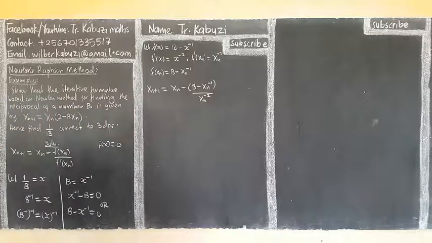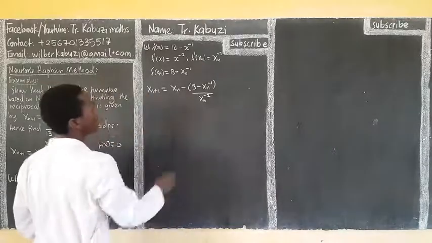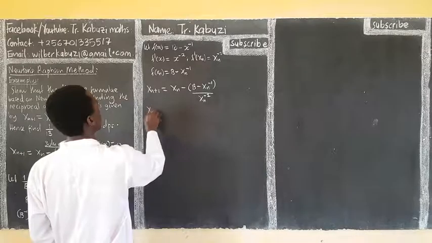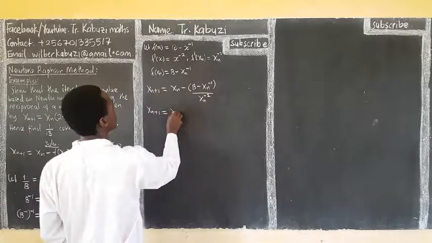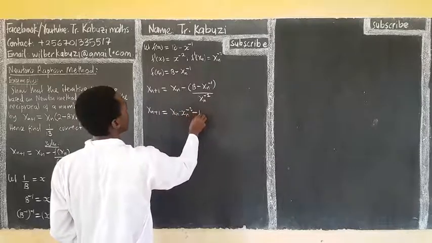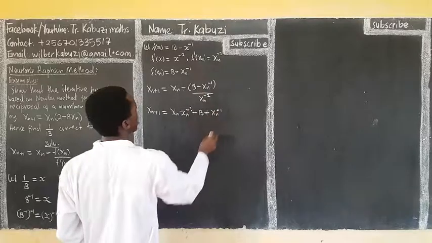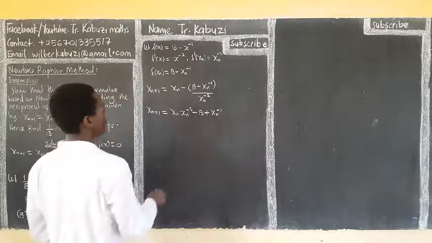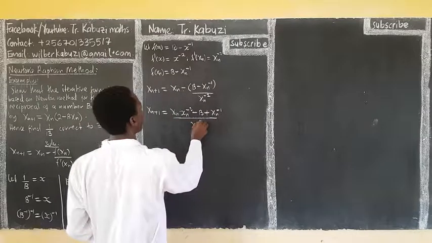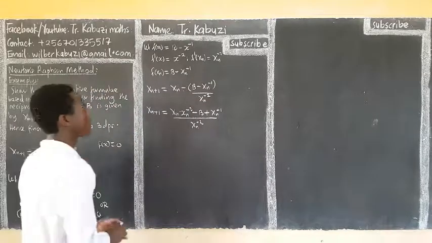So what we do, we cross multiply this thing here. When I cross multiply, I'll be having xn plus 1 equal to 2 times xn power negative 2 minus b, then plus xn power negative 1. The whole thing, I'm dividing it with xn power negative 2. Some people forget that after getting the LCM.